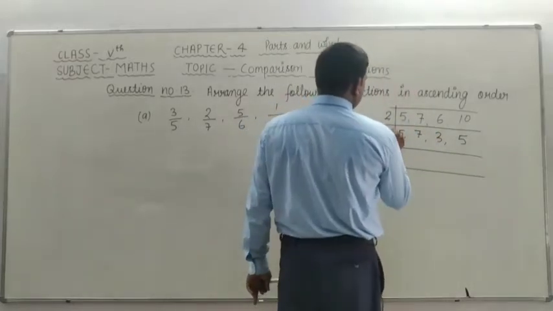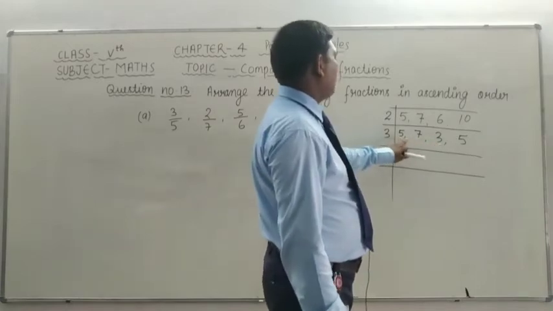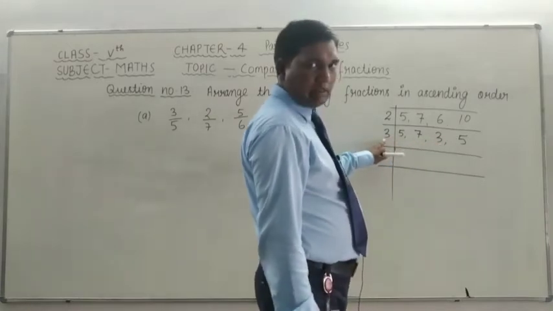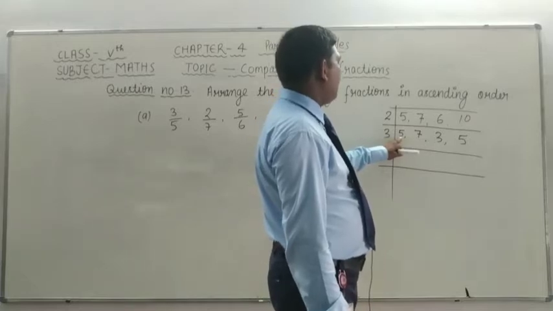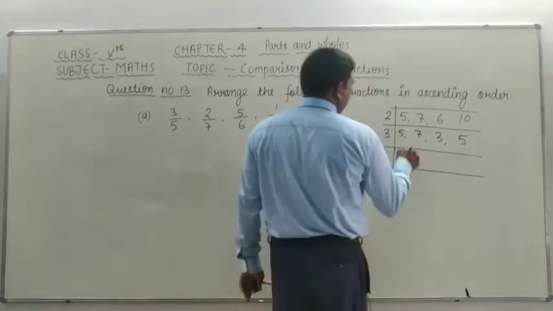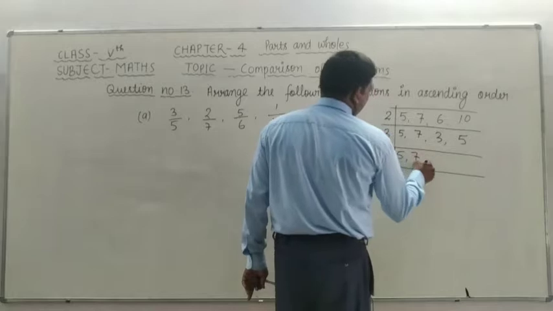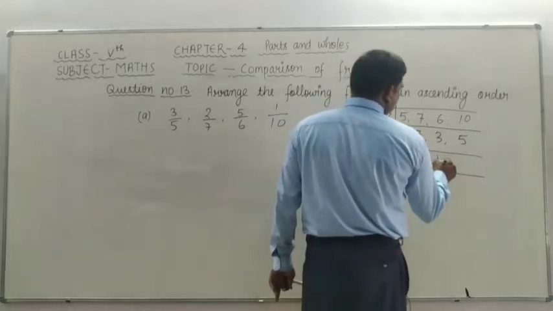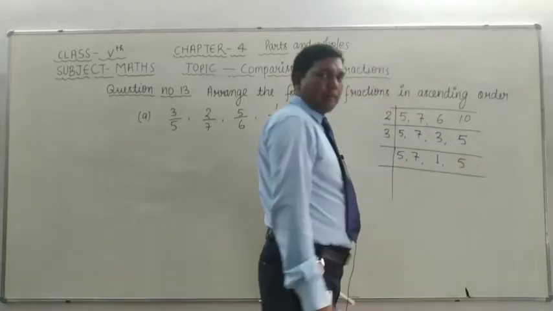Again we have to take 3 because 3 is divisible by 3 but 5 and 7 are not, therefore we take 5 as same, 7, 3 1s are 3 and 5.